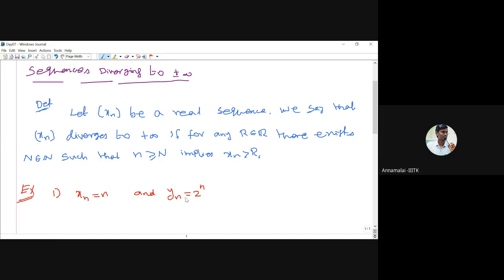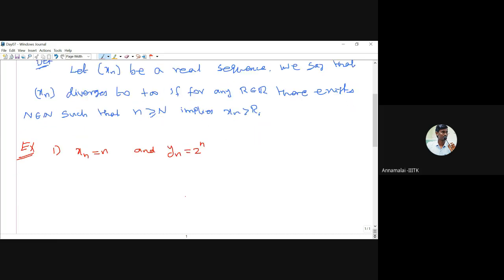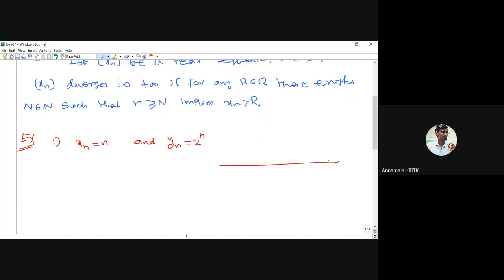We are going to show for xn, which is 1, 2, 3, 4 and so on, that given any r, we can find a stage such that after this stage, all the xn's are bigger than this r.